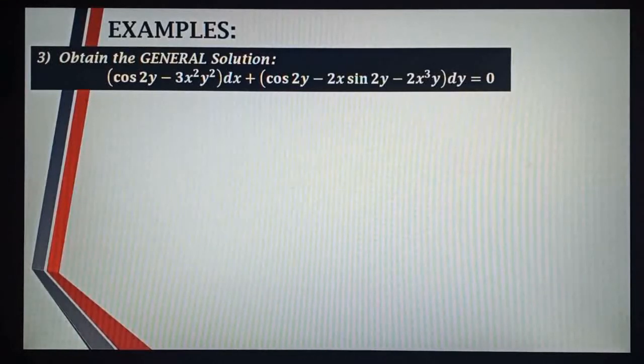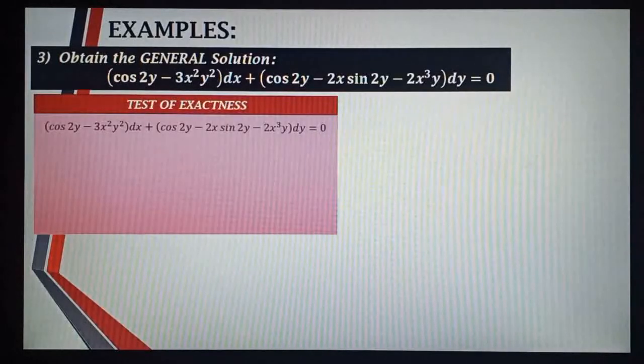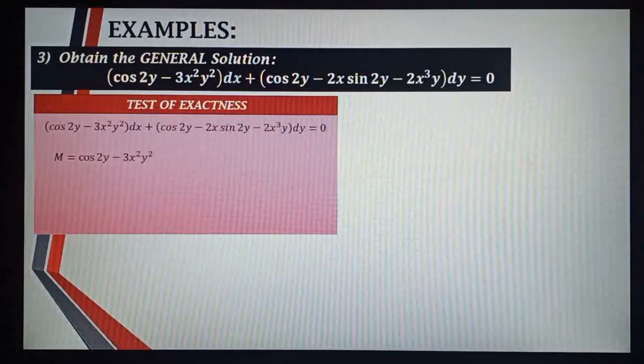Now, performing your test of exactness, you have the given equation, identifying the M. M is cosine 2y minus 3x squared y squared.